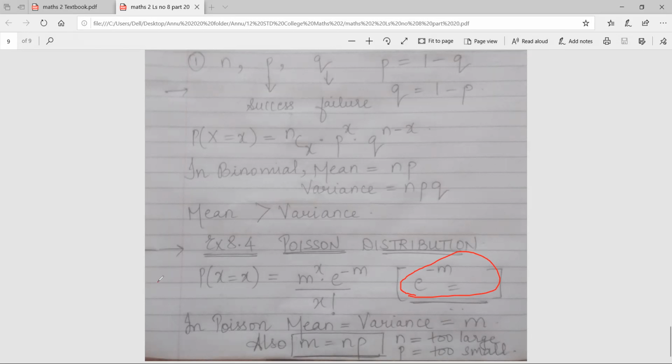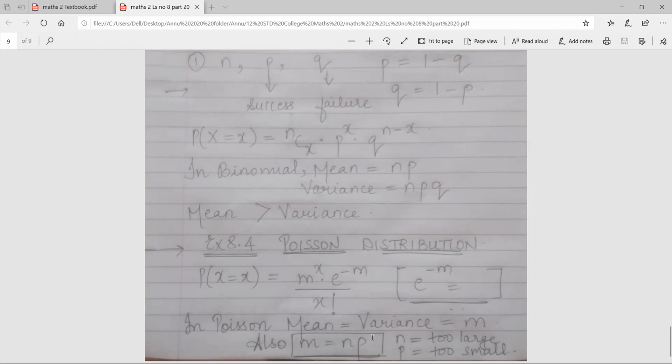The formula which we used in Poisson distribution was probability of x is equal to m raised to x into e raised to minus m upon x factorial. So these are all the formulas which you have to keep in mind related to chapter number 8. Also in Poisson, mean, variance and m, the parameter, all are equal.